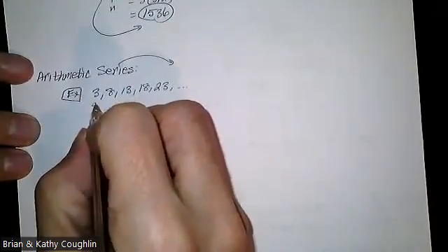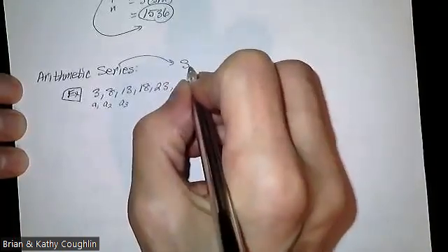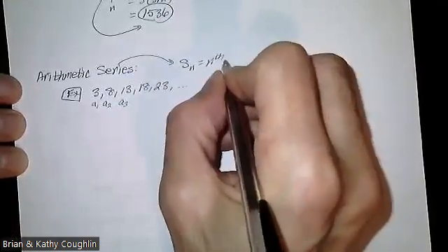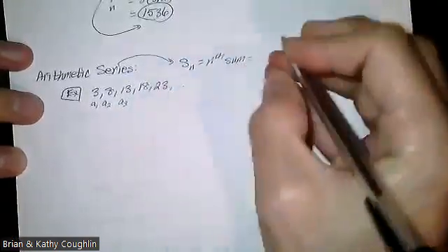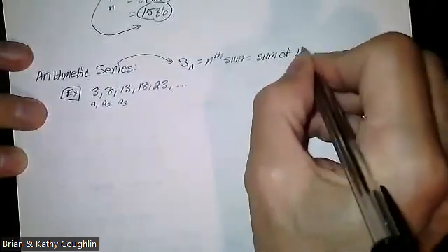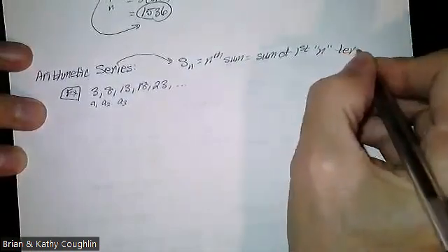Instead of saying, this is A1, A2, A3, to get a series, you're going to get capital S sub n, which is what we call the nth sum. Another way of saying the sum of the first n terms.